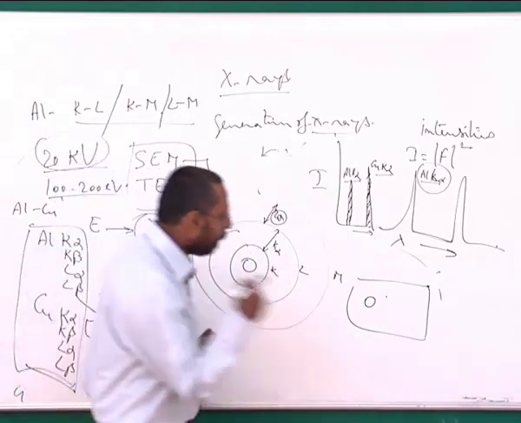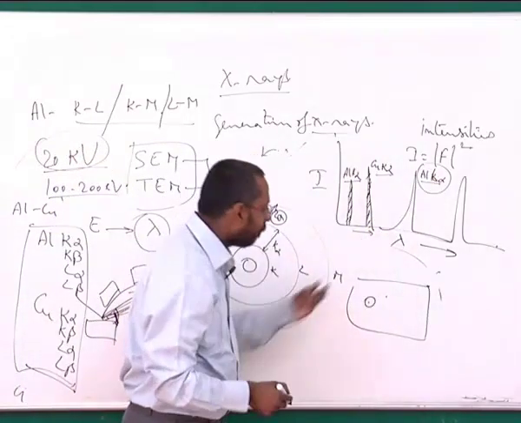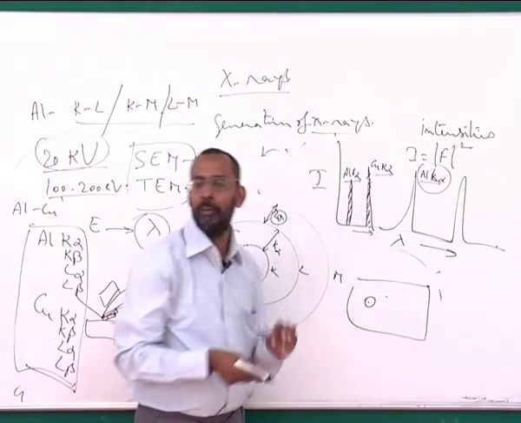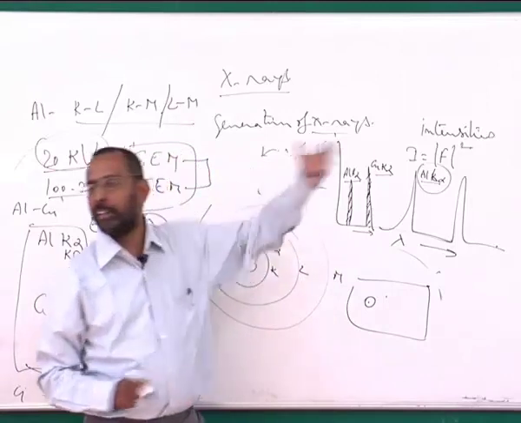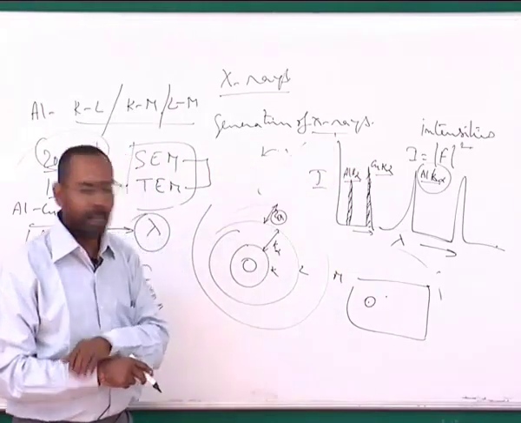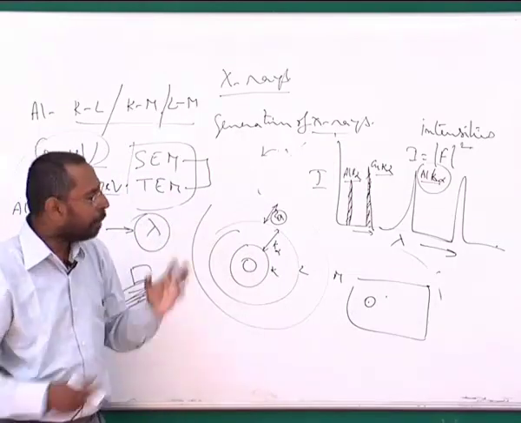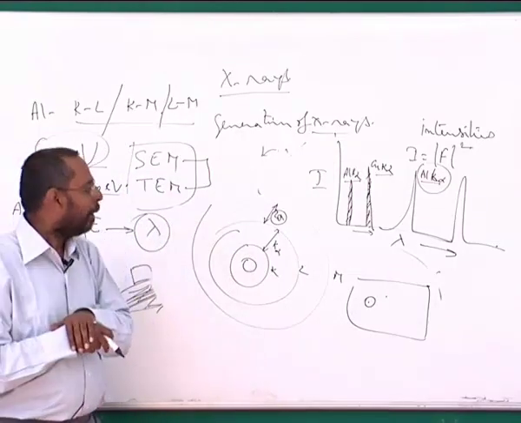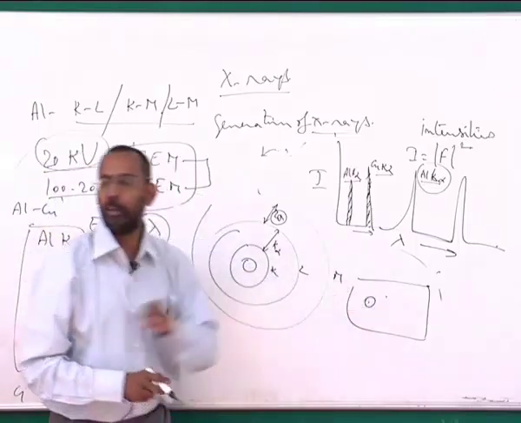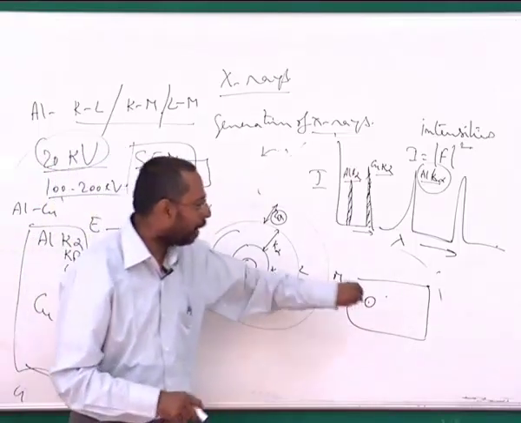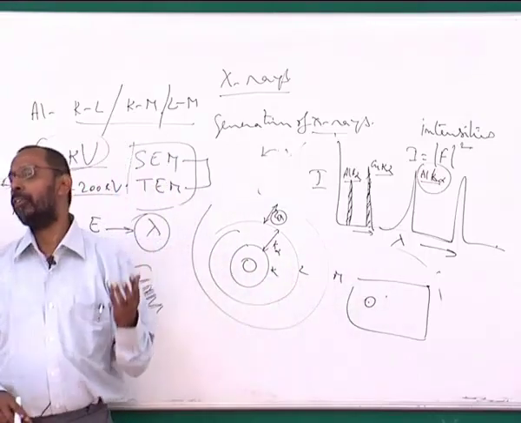So I can put my beam on this particle and get this spectrum, and from that I can find out the composition of that particle. But keeping in mind the difficulty which I mentioned some time back, that depending on the interaction volume of the electron beam with the sample, you may have certain difficulties: the matrix also plays a role when you are trying to get the composition of the particle, depending on how big your beam diameter is vis-a-vis the diameter of your particle.